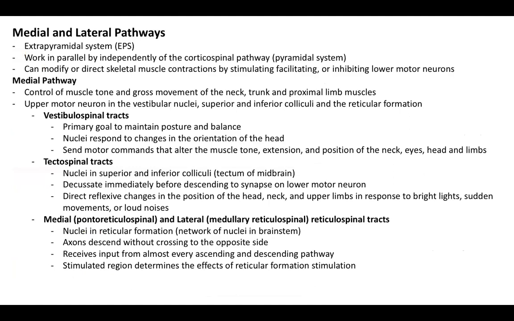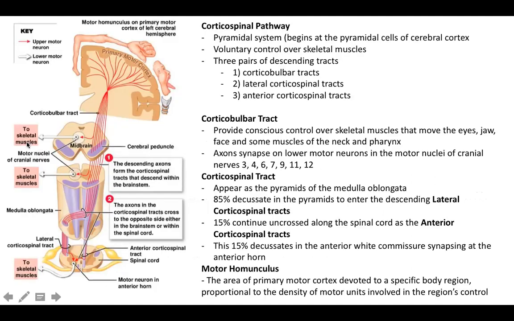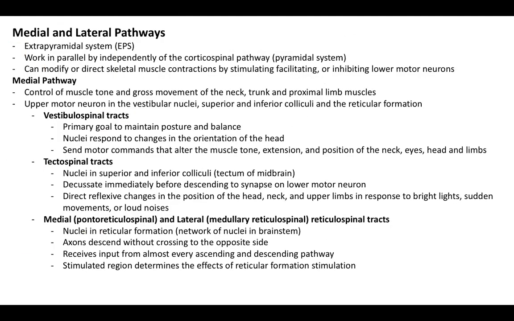So the medial pathway is broken up into vestibular tract, tectospinal tract, and medial and lateral reticulospinal tracts. So these medial and lateral tracts are extrapyramidal, so they're outside, they don't start with the pyramidal cells in the cortex, like the corticospinal tract starts in the pyramidal cells in the cerebral cortex. Okay, these start elsewhere.